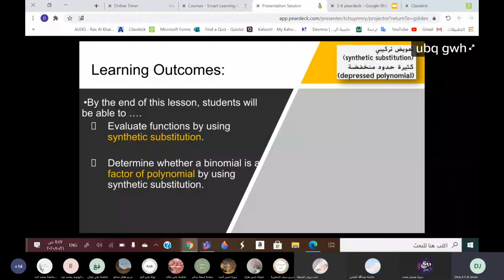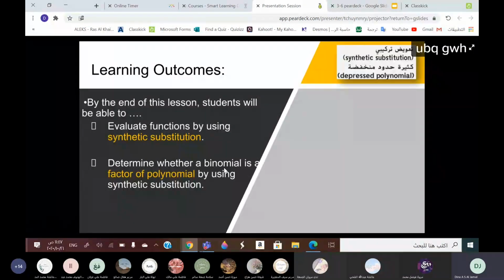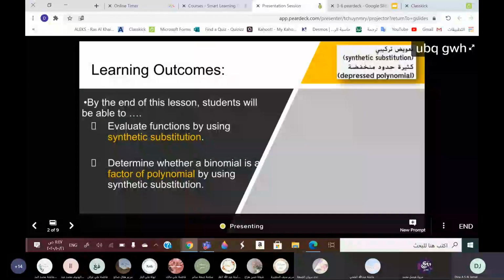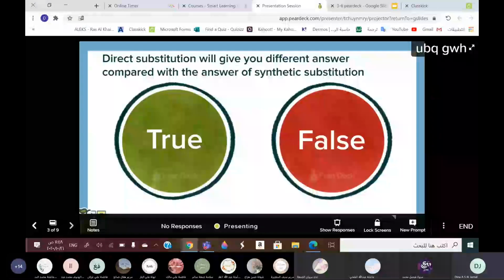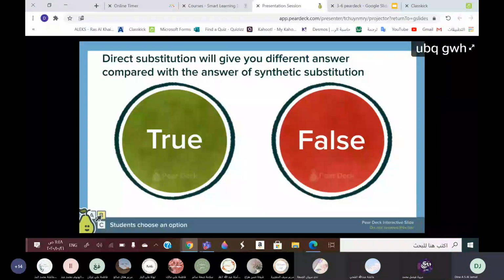Excellent. So yesterday and today in the morning, we elicited these learning outcomes from you, and we were done with learning outcome 1 and learning outcome 2, and this session is only a practice session to evaluate your level. Now, before going to the practice, I want you to answer a true and false question.